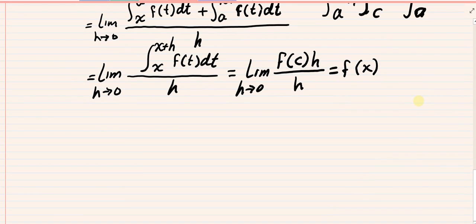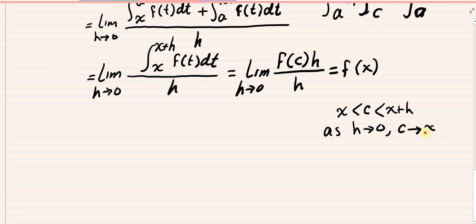Okay, now this follows for the following reason. Remember, for the mean value theorem, c lies between x and x plus h, right? So we know that as h goes to 0, c approaches x. So when we take it in a limiting sense, the h cancels, and there you go.